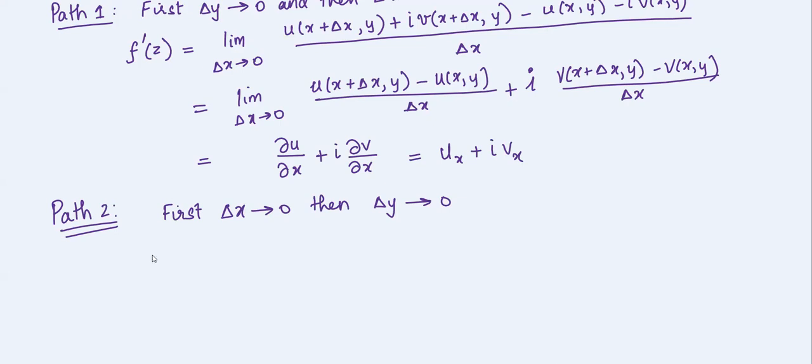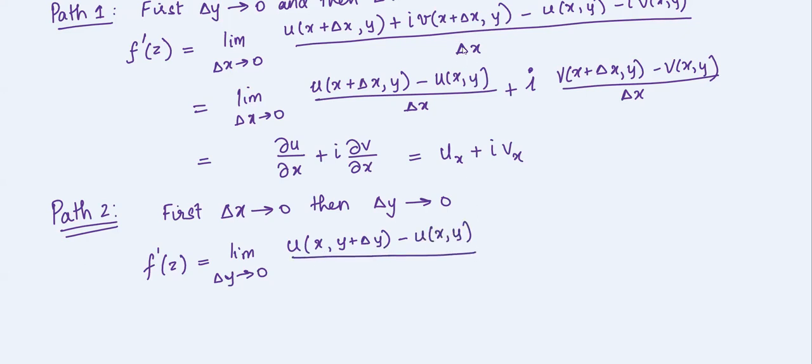If we do this, then we get f dash z is the limit delta y tending to 0, because delta x is already made tending to 0, of u of x comma y plus delta y minus u of x comma y.